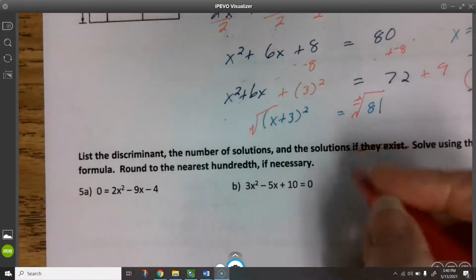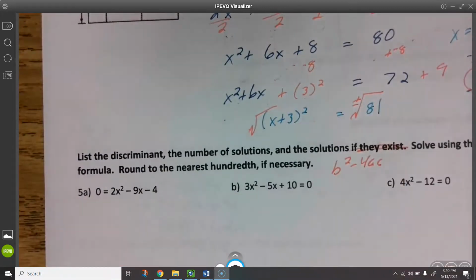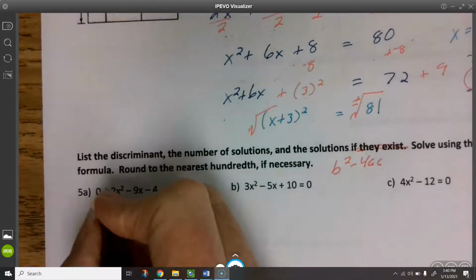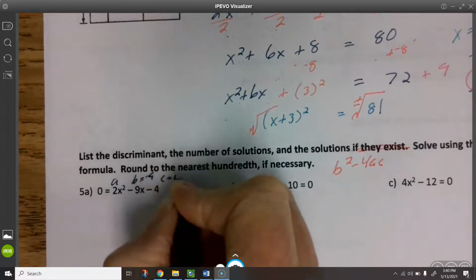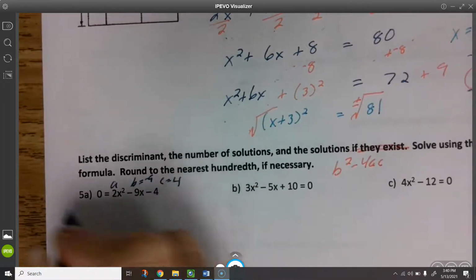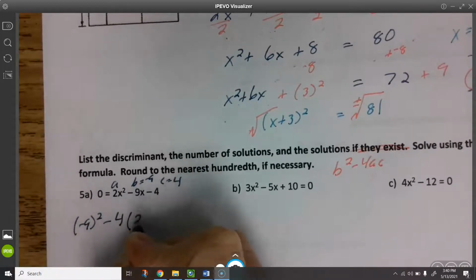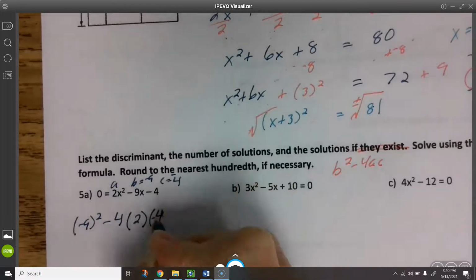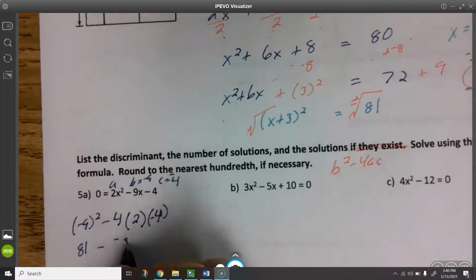Okay, so remember the discriminant, b squared minus 4ac. We're going to plug that information in. Here a is 2, b is negative 9, c is negative 4. So I get b squared, negative 9 squared, minus 4 times a times c, negative 4. 81 minus 16 times 2, that's negative 32.